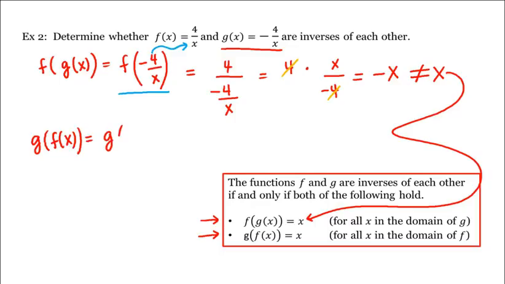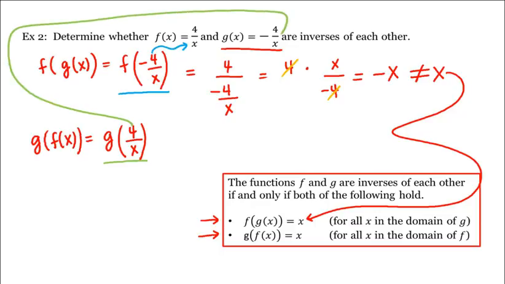This is g of 4 divided by x, because f is 4 divided by x. And to compute g at any input, we take that input and plug it in wherever we see an x here.